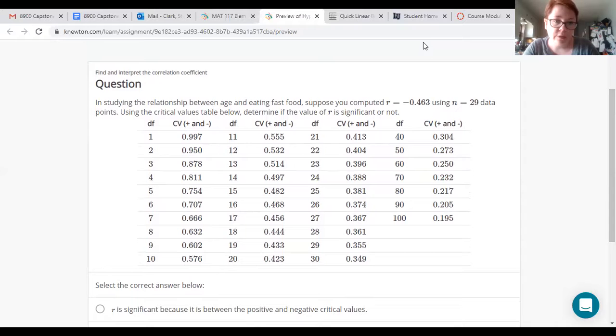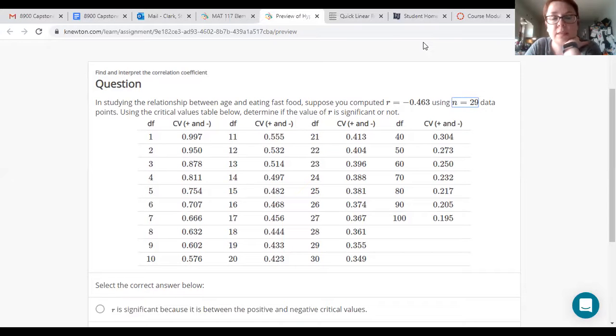So here you see degrees of freedom, DF, and then you see CV for critical value, plus and minus. So the degrees of freedom is n minus 2. So if we have here 29, we're going to do 29 minus 2, so we get 27. So we're looking right here. So the critical value is 0.367, plus or minus.